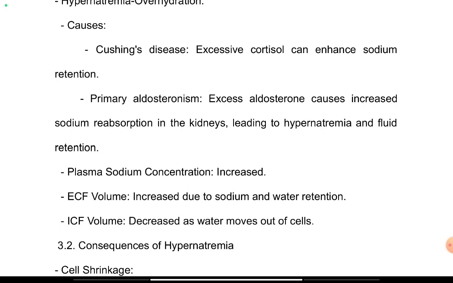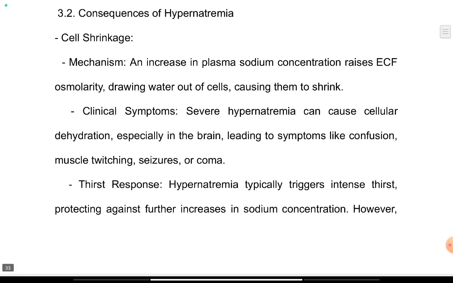And you know what aldosterone does? Aldosterone helps to retain sodium. So there will be increased absorption of sodium in the distal tubule of the kidney, leading to hypernatremia and fluid retention. You all know the consequences of hypernatremia. That has been explained. When there's hypernatremia, the hypertonicity is increased.